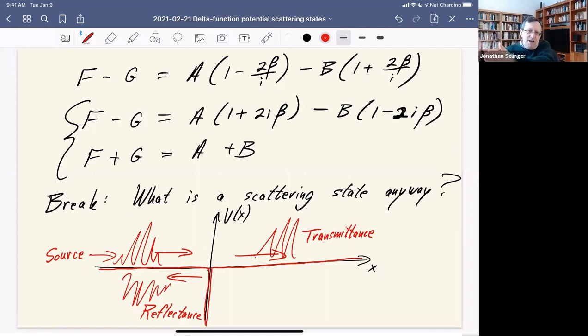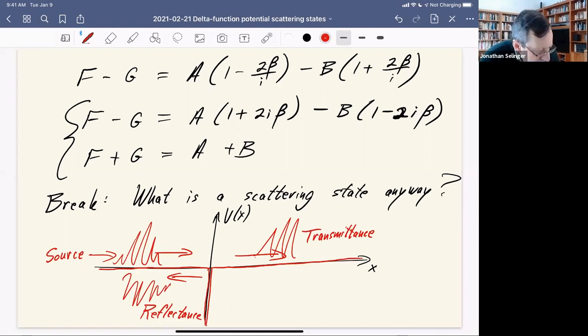Some of it gets transmitted, some of it gets reflected. Do you have any idea of what I'm talking about there? Is that part of what you've studied so far? Was that in university physics or another class? University? Yes, okay.